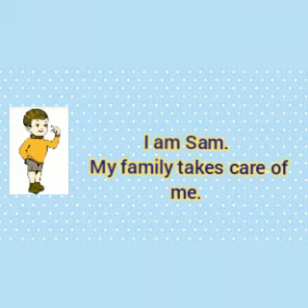For example, I am Sam. My family takes care of me. Here, the word I is a pronoun which is used in the naming part of the sentence, and my and me are pronouns which are used in the telling part of the sentence.